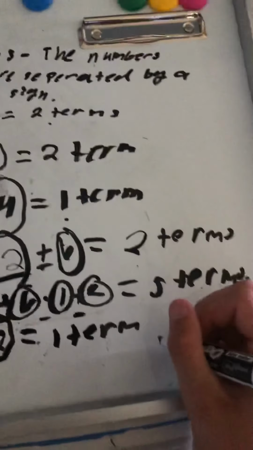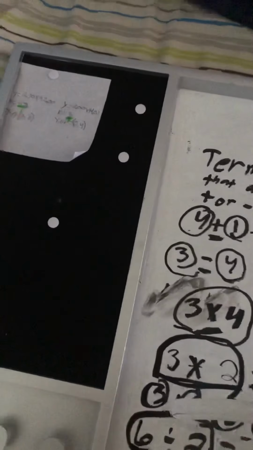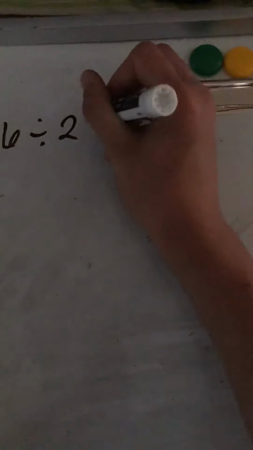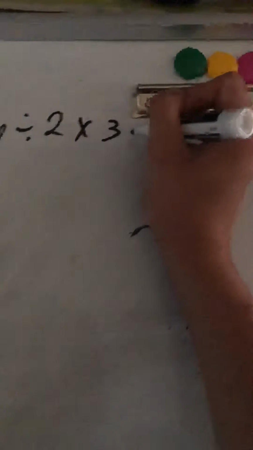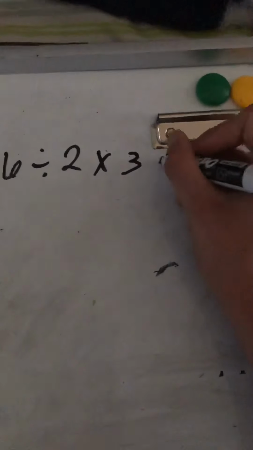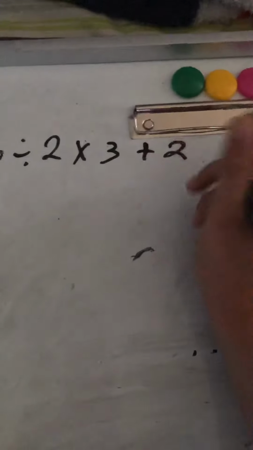Now what if it was, let's erase this a little bit. Alright, so what if it said 6 divided by 2 times 3 plus 2.